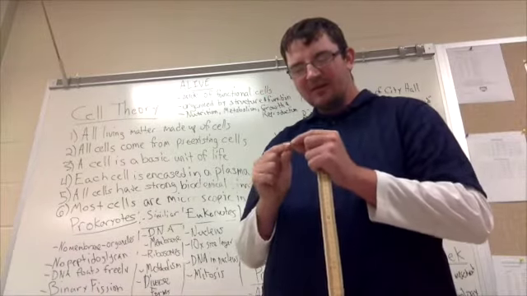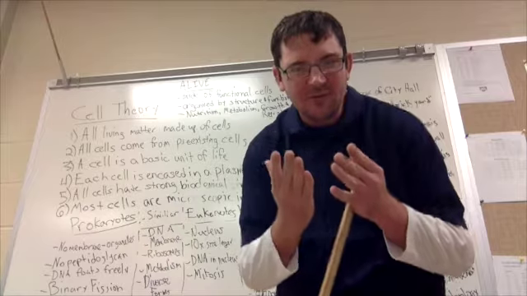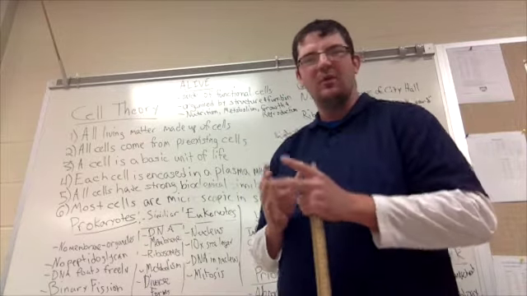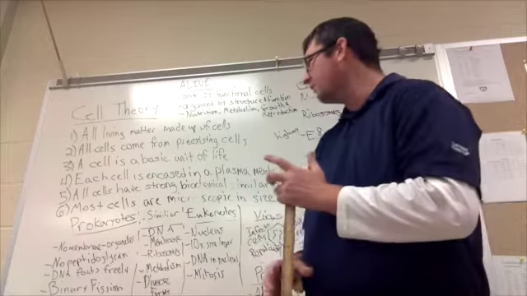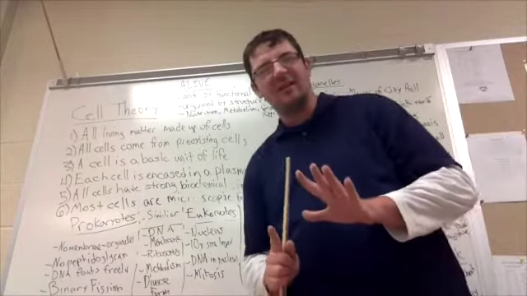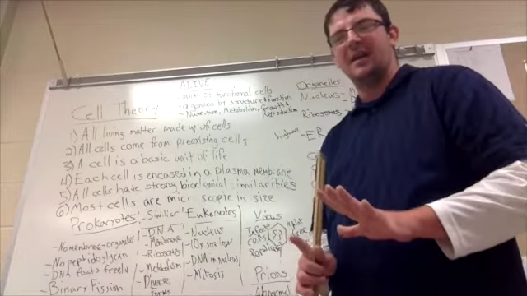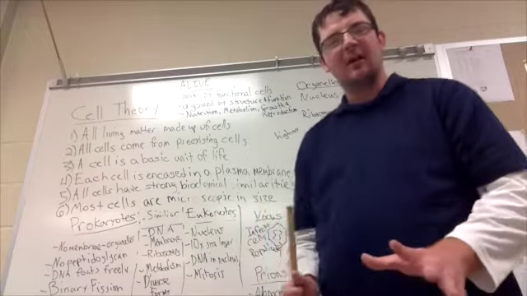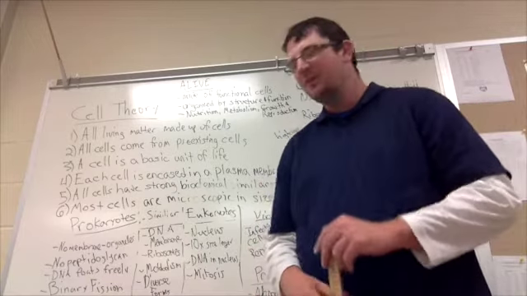You can barely even see them. You can't see them visually; you have to see them through a microscope or a series of multiple microscopes. And that finishes the 6 main components of cell theory.